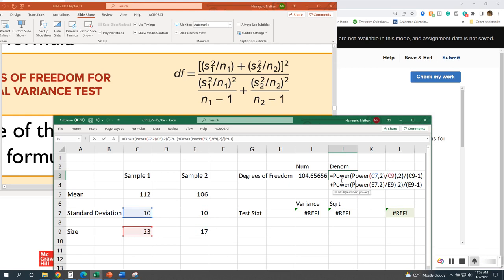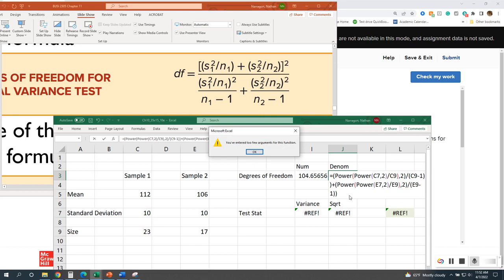Okay. There we go. And we'll go ahead and put in parentheses around each one, just to be safe. Lots of parentheses.